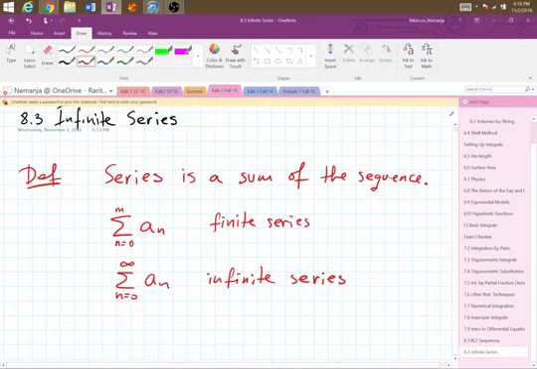However, infinite series that add all of the terms all the way up to infinity are the ones that are interesting, because those could converge or diverge. Again, divergent means adds up to positive or negative infinity, and converge means that it adds to a finite value.